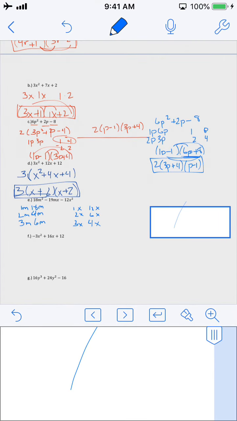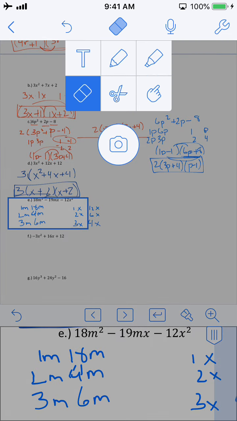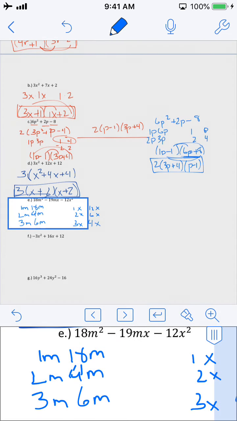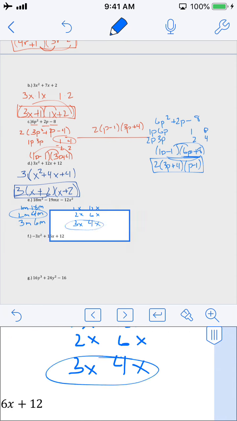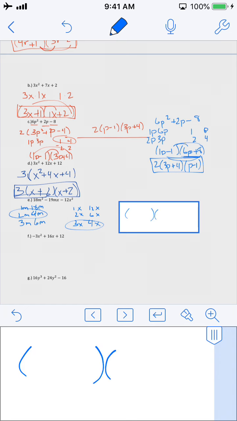Hey, I found it. Okay, so after mentally running through these, I have found, with that same skill, that same logic I just did with the bubbles, and yes, that is practice, that these two will help me out. If I do 9m and 3x, that's going to give me 27.